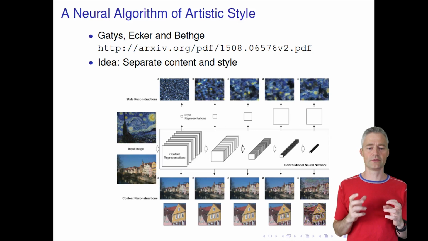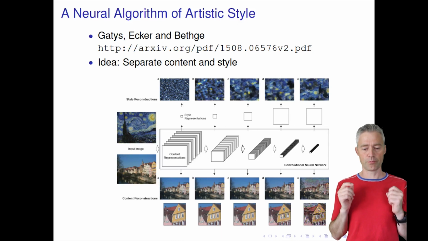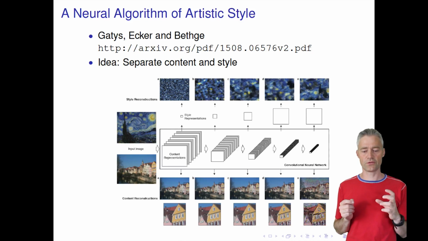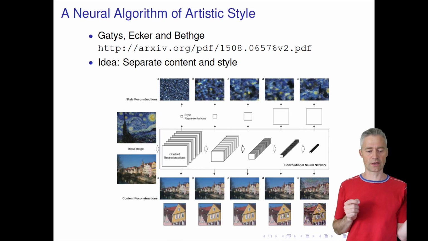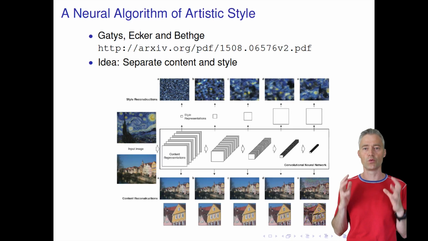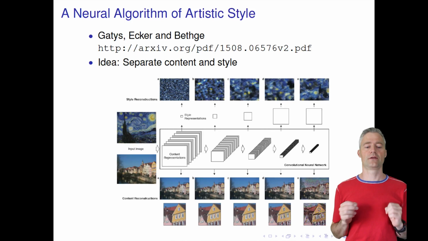You can see the details in the paper. But the point here is that we can give it an image where we say we want to preserve this content, like this image of the houses at the canal, and then we take a different image, and we say we really want to get the style of that image.